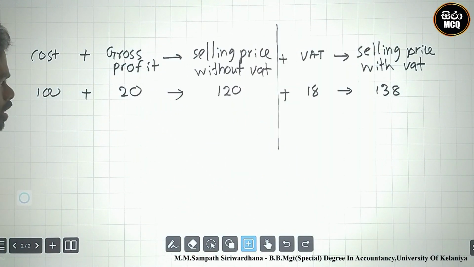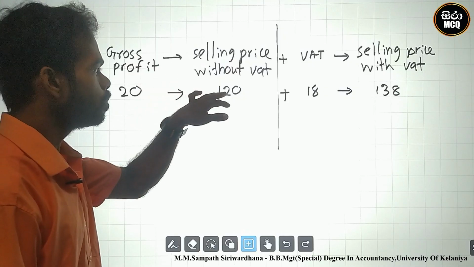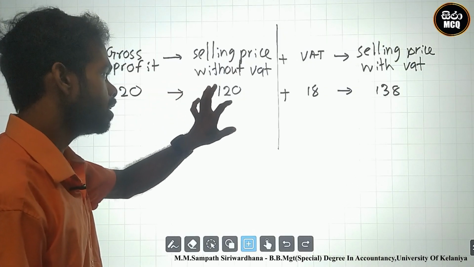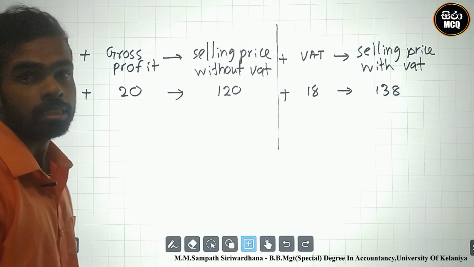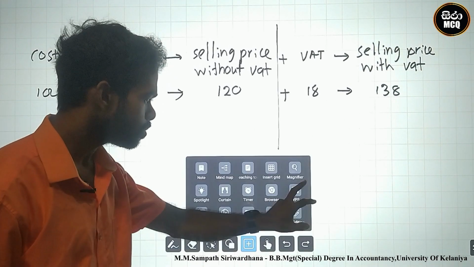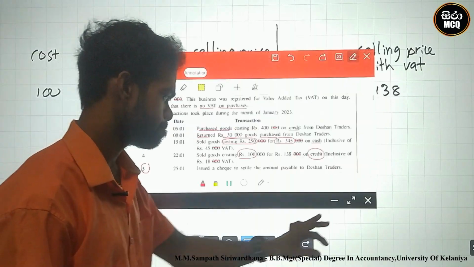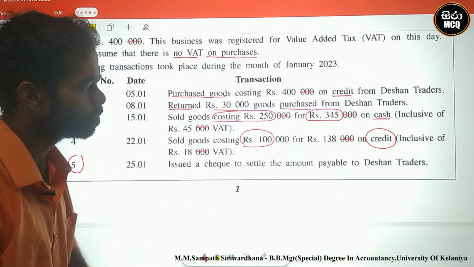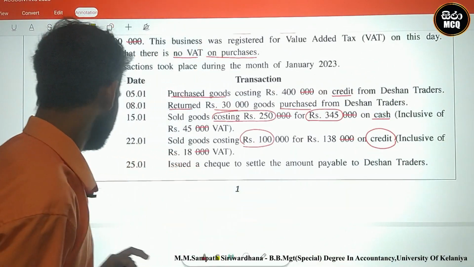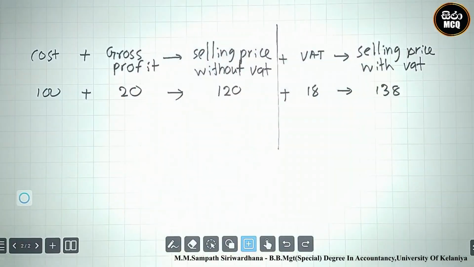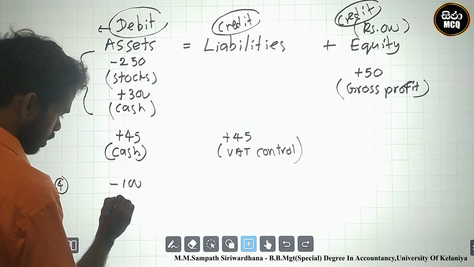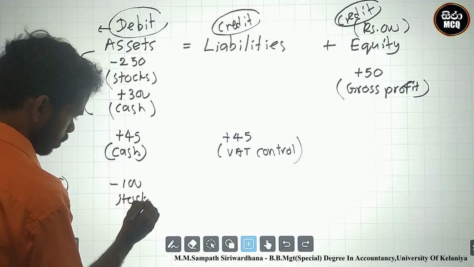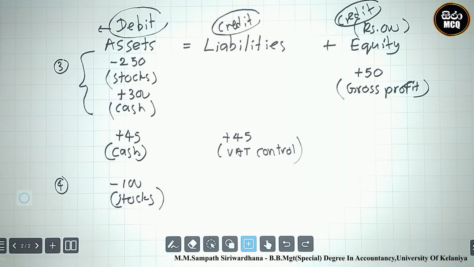Cost of 100 goods sold to a selling price of 120. The gross profit is 20 on a credit basis. Look here, on credit basis. Okay, let's see the impact. Cost is 100. Cost must be deducted from assets. This is the stocks. What is the gross profit?